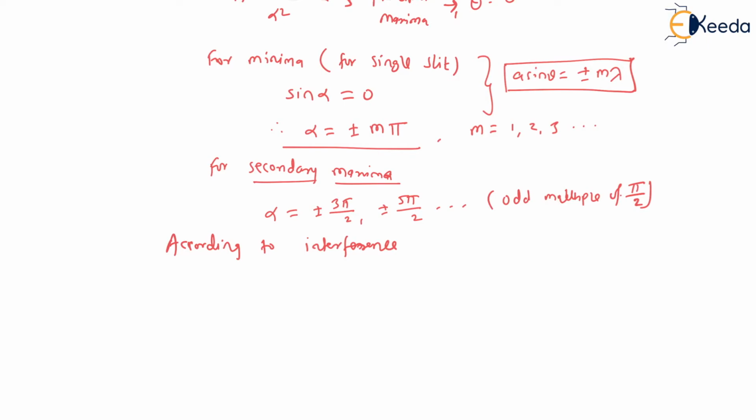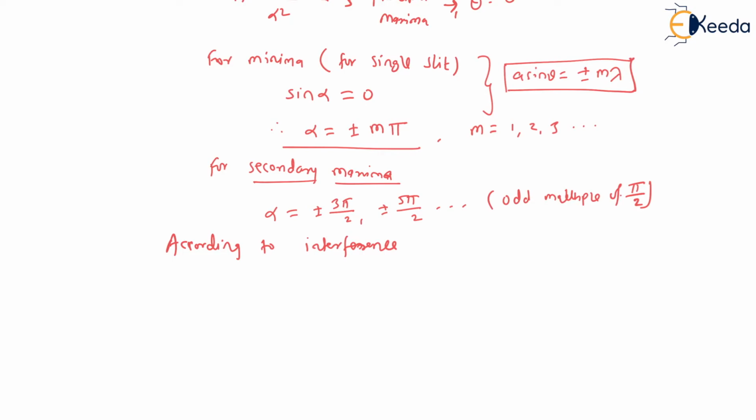In diffraction, we get alternate bands, that is minima and maxima bands, but the intensity of those maxima goes on decreasing. But in interference, the intensity of all the bright bands is equal. So that is the basic difference between interference and diffraction.